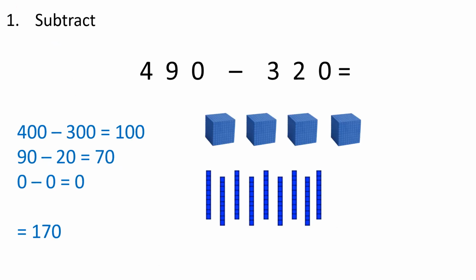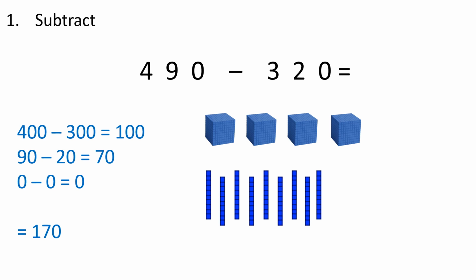Okay, now let's have a look at that second way we could have found the difference between the two masses. That second way was by using subtraction. So this time, my number sentence says 490 subtract 320.